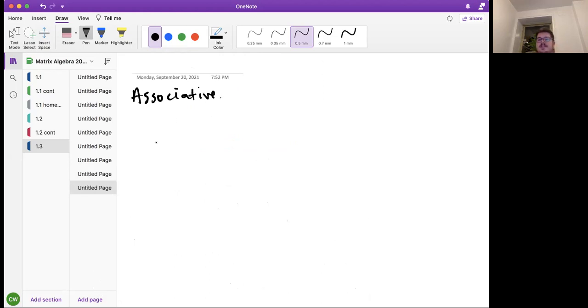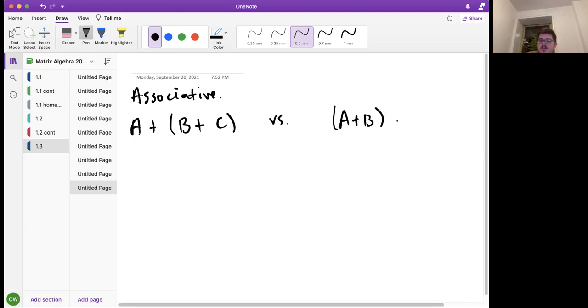Okay, so let's express the entries in A plus B plus C, and let's express the entries in A plus B plus C. So first of all, what would the entries in B plus C look like?